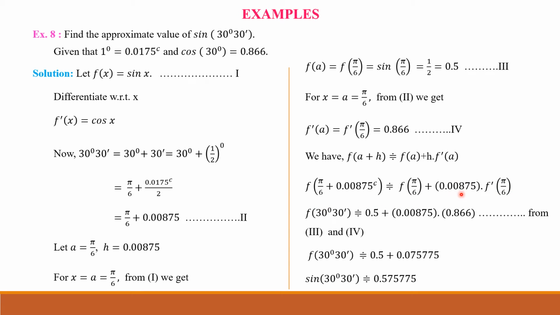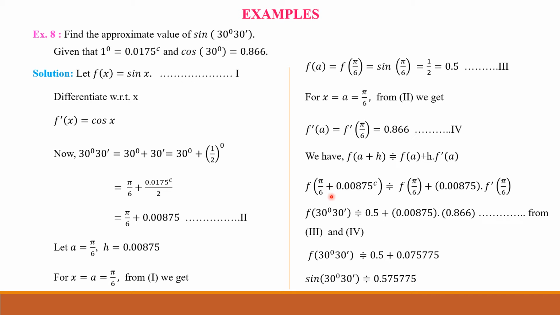Putting the values, f of pi by 6 is 0.5 plus 0.00875 and the value of f dash of pi by 6 is 0.866.